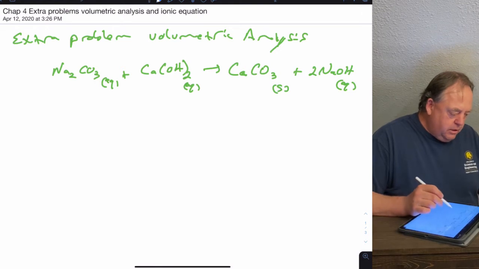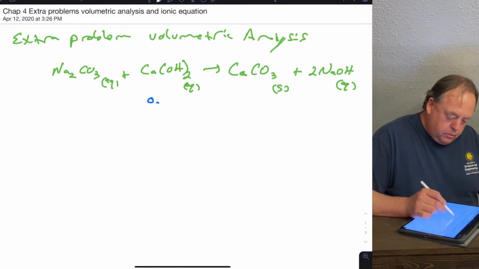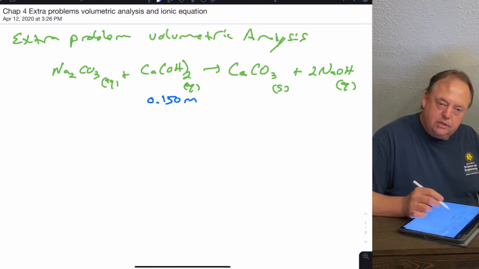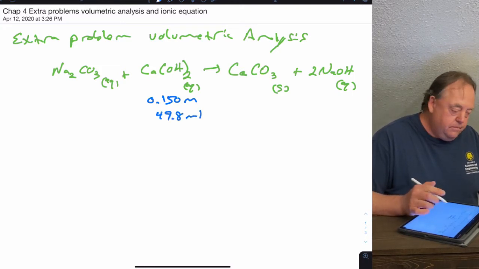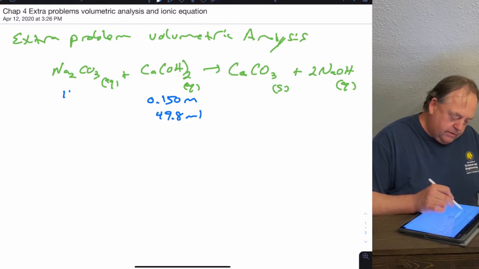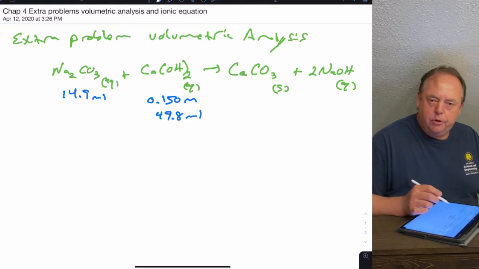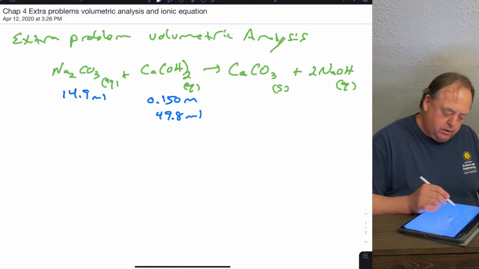So let's say I tell you that you start with 0.150 molar calcium hydroxide and 49.8 mL of it, and that it requires 14.9 mL of sodium carbonate to react with it.